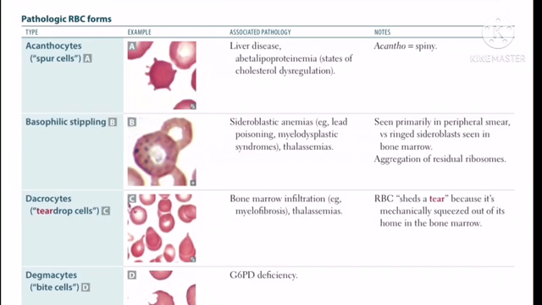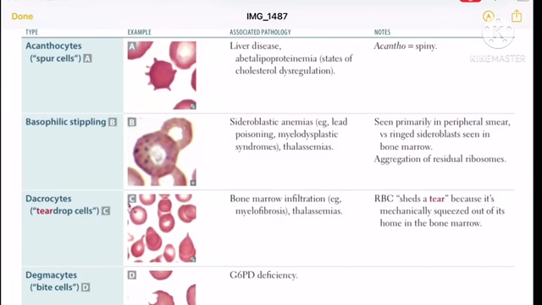So what happens in this condition is that the RBCs change their structure. They become spiny, spinous-like cells having projections, and the projections are quite large and not uniform. In that condition we can say that this RBC has undergone some acanthocytic changes, and that RBC is what we call an acanthocyte.